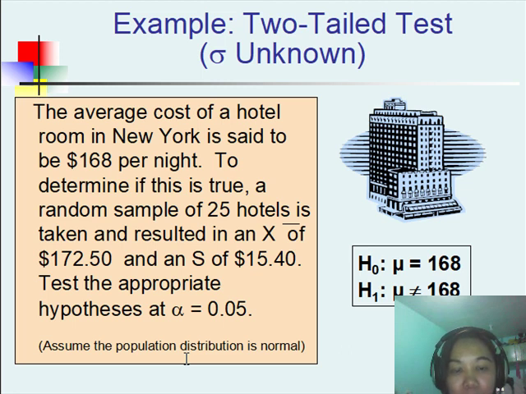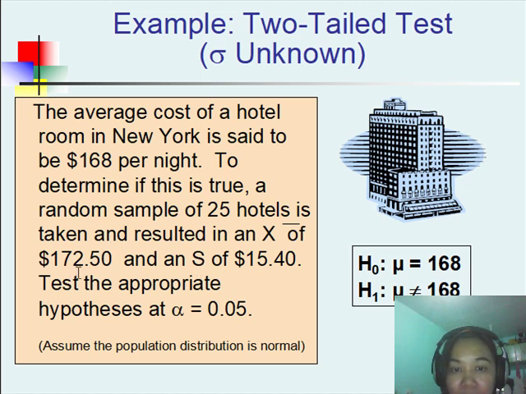So test the appropriate hypothesis at alpha equals 0.05. Take note the alpha is given and it is 0.05. Okay, so we have the hypothesized value of the mean, which is equal to 168, because we wanted to test whether the average cost of a hotel room is really 168 against the alternative that it is not equal.